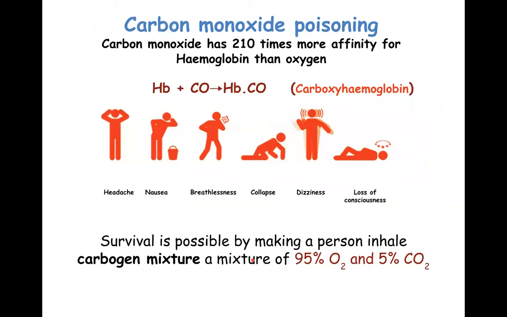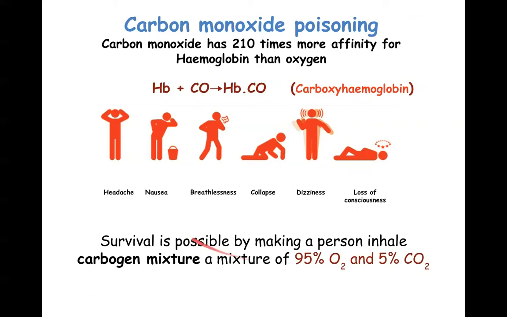Now, sometimes a person is exposed to an environment which is deficient in oxygen, maybe in a crowded room or where a coal fire is burning, due to which the carbon dioxide of the air has changed into carbon monoxide, and then carbon monoxide poisoning results.